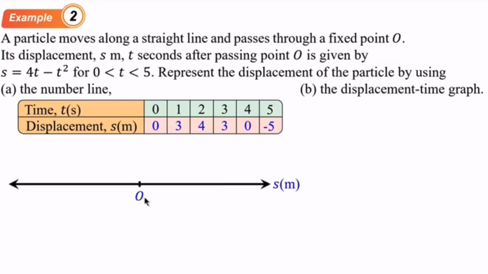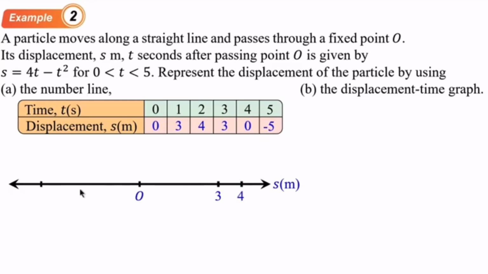So we are going to draw a straight line, because the particle is moving along a straight line. Let's see, we notice that at t equal to 1 and 3, the particle is at the same place. So let's label the 3 first, and then at t equal to 4, the particle actually goes back to the fixed point.